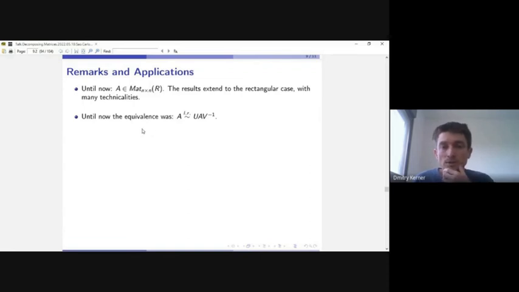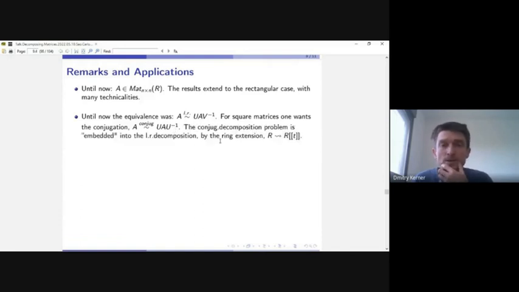Now, until now, the equivalence was left-right. Yes, U A V minus 1. Usually for square matrices, one wants U A U minus 1. Yes, the conjugation, the traditional conjugation of linear algebra, which is so useful in various areas of mathematics. And it so happens that the problem for conjugation is embedded into the left-right. Yes, you should just extend your ring. Yes, introduce a new formal variable.